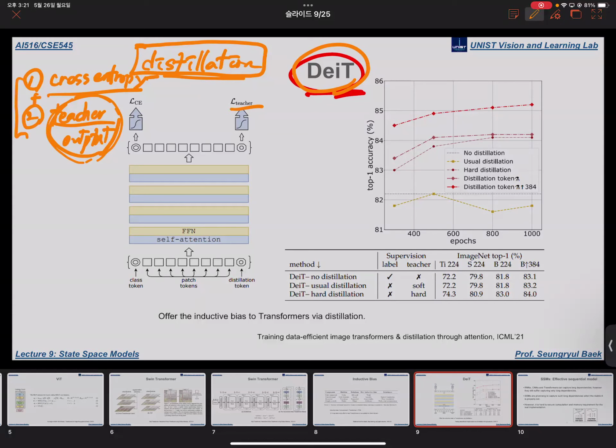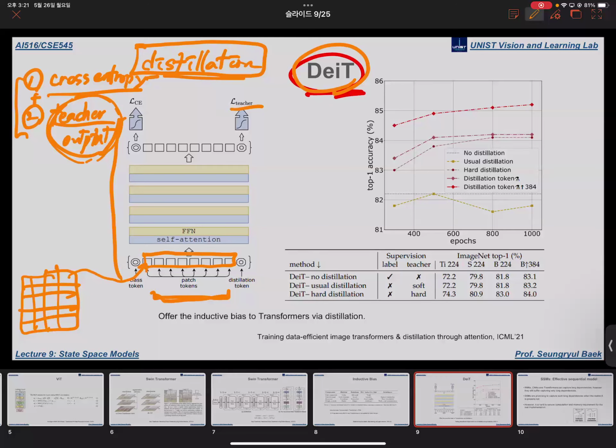So here, this is the ViT architecture, and this is the patch token, the features of each patch. As I already told you, we supply each patch as input to the transformer encoder in ViT. So these squares denote the patch features, which are called patch tokens.